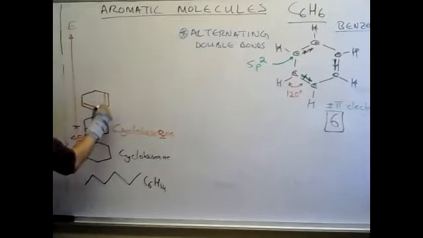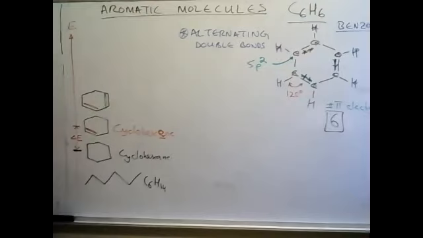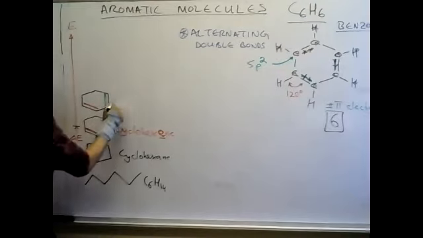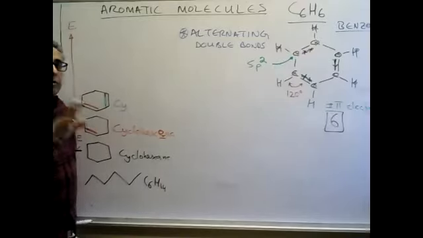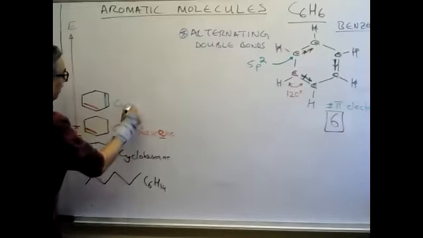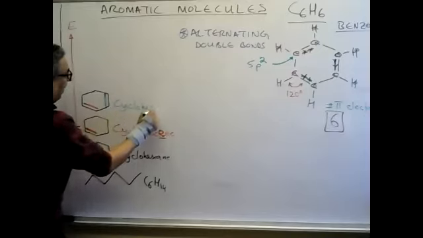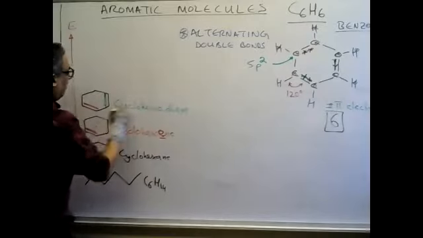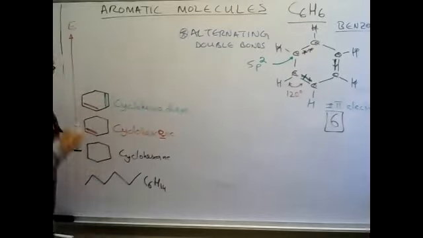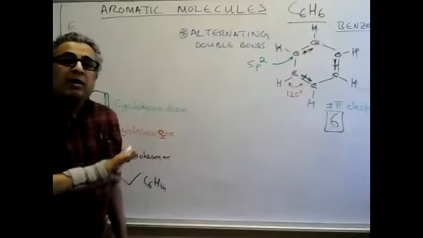I'm going to put a second double bond. So this is going to be called cyclohexadiene. You don't have to know. This is not part of the curriculum. I'm not going to be asking you about it. I'm going to put it in parentheses so that you know that this is not part of your learning objectives.